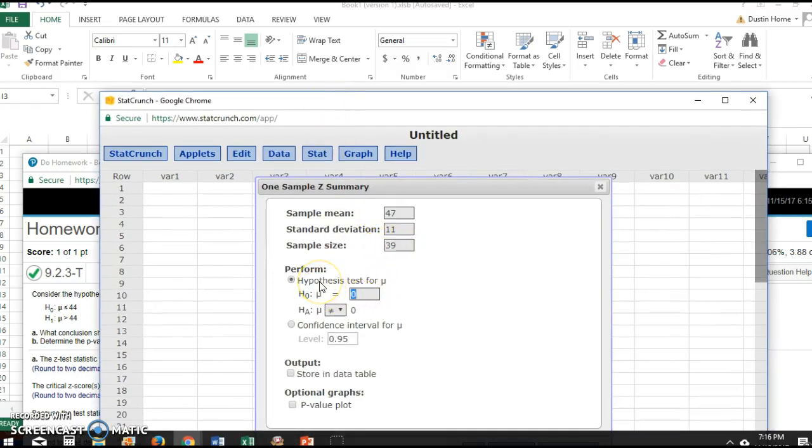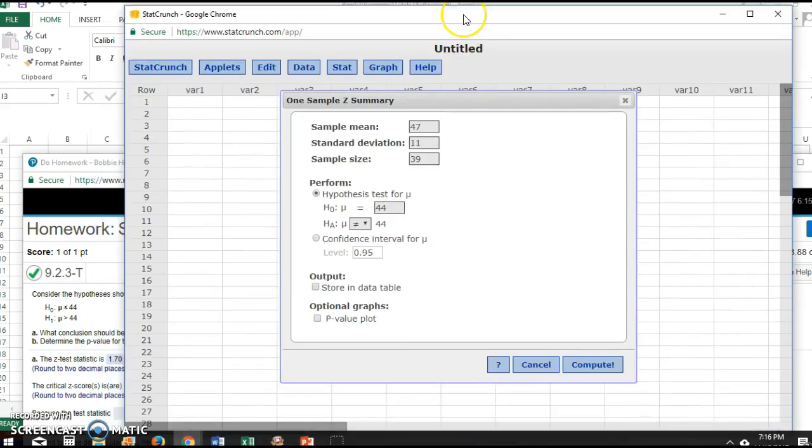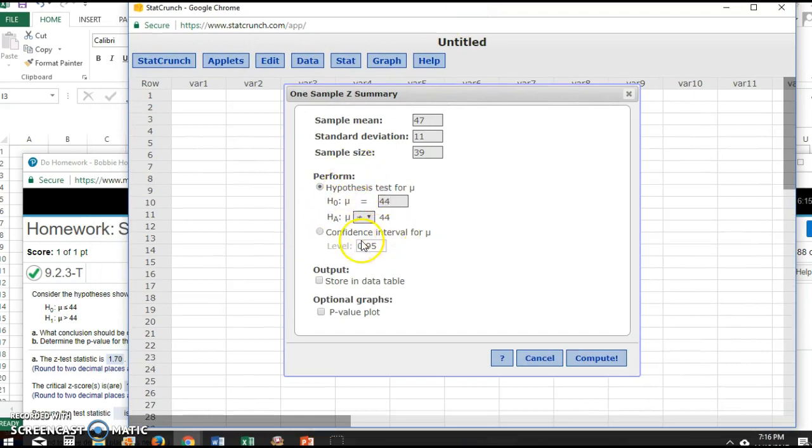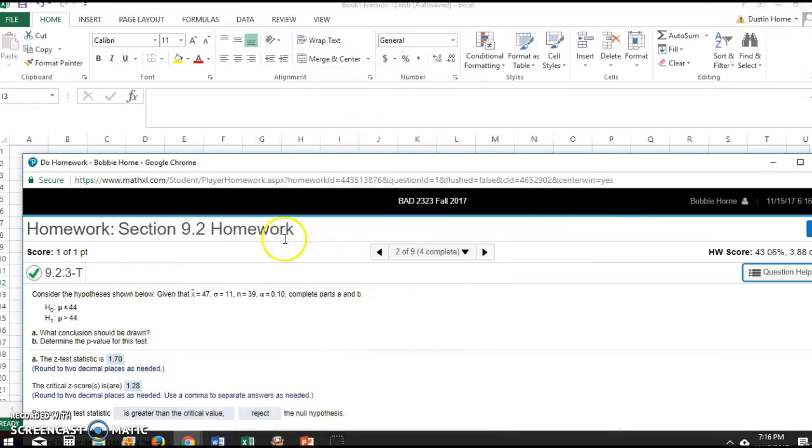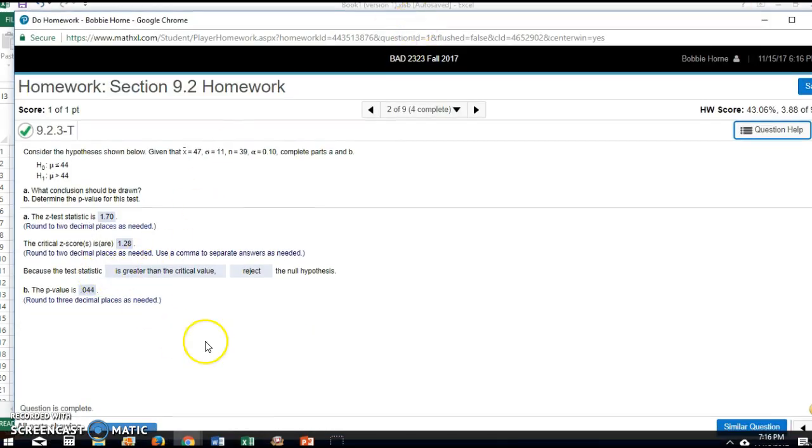So I put that in there. And I think you can just put store in data table and hit compute. And your p-value is 0.08853, and I think that's for a two-tailed test. So to get it, we just want the right tail. So you divide this number by 2. So if you divide that number by 2, you're going to get 0.044.